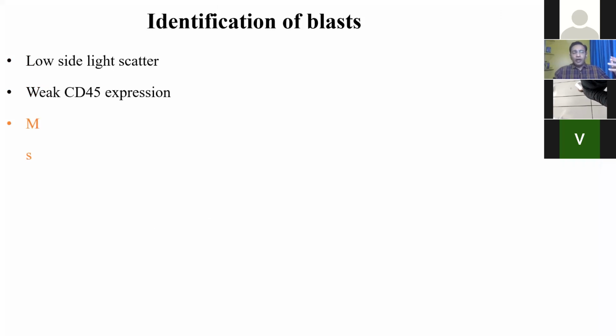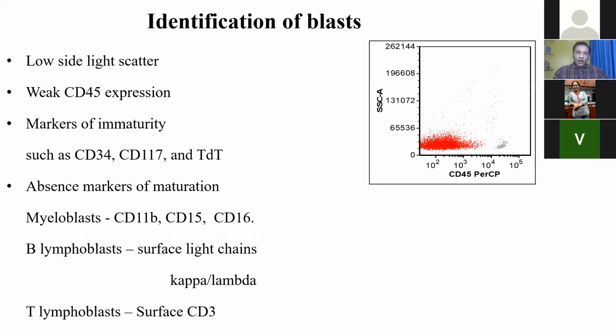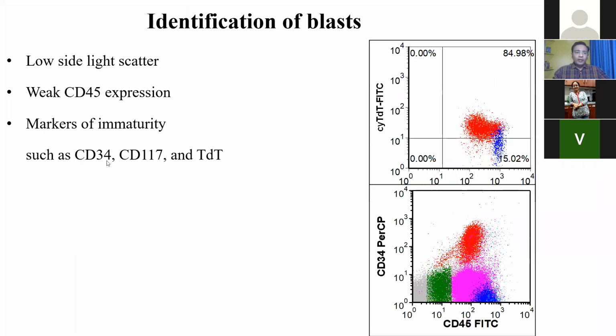So when we look at blast, the first approach is to look at low side scatter and weak CD45. The second approach is to look at immature cells. So here you can see the CD45 weak population, red population, low side scatter indicates one of the features of the blast. Second is to look at markers of immaturity like CD34, which is a marker of immaturity present on blast only, or TdT. Even in myeloid neoplasm, CD117, HLA-DR sometimes help. So you can see there are two plots on the right side.